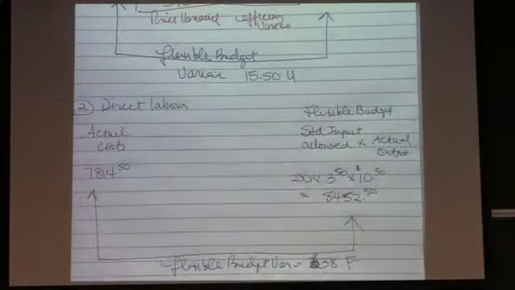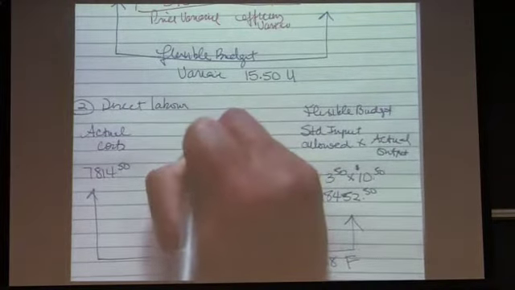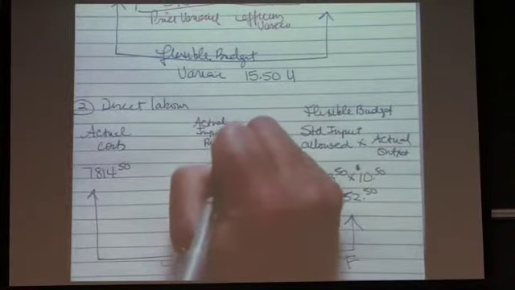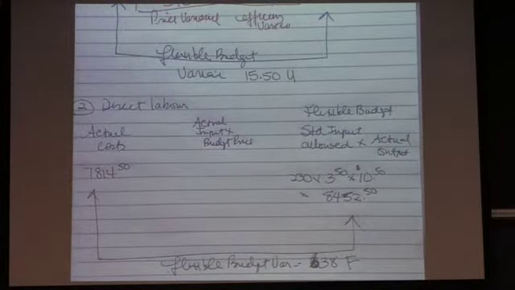So I need a third column, and the third column is actual input times budgeted price. Again, let's think about that, right? What was the actual input? How many hours did I end up using?